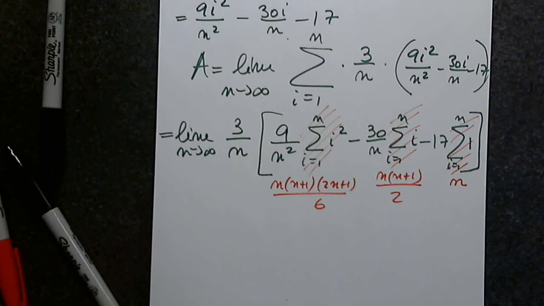Any questions so far? Is it always going to be n times n plus 1 times 2n plus 1, the sum of i squared? Yes, over 6 every time. Okay. So if we go back to those 4, here they are.